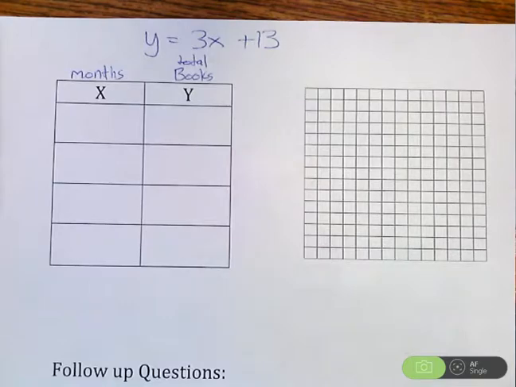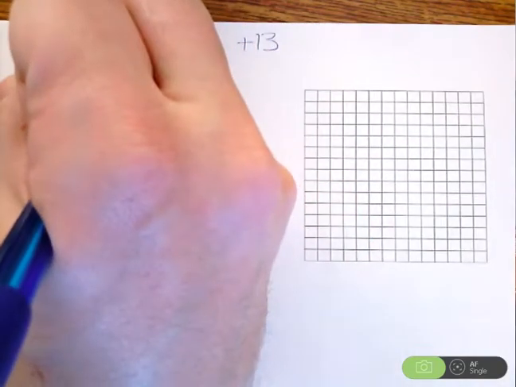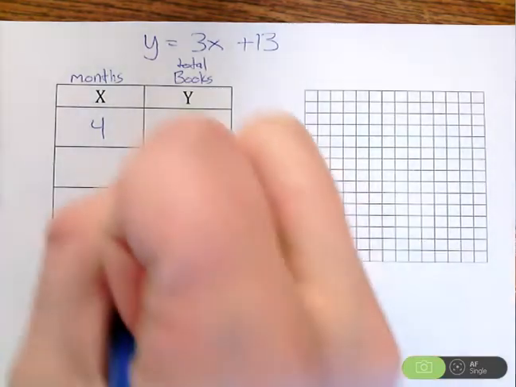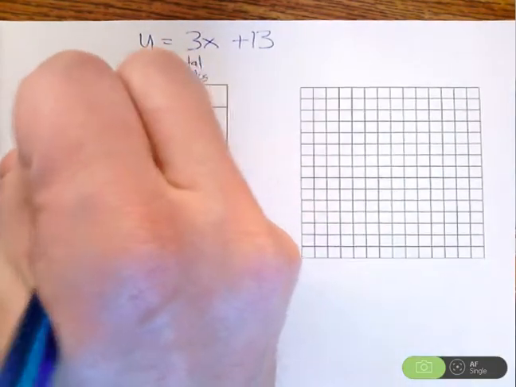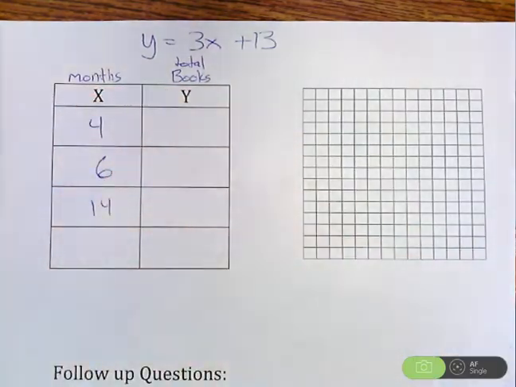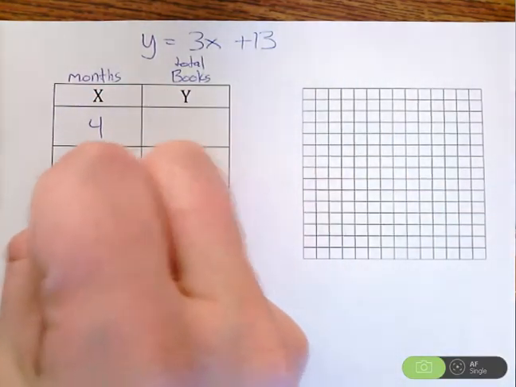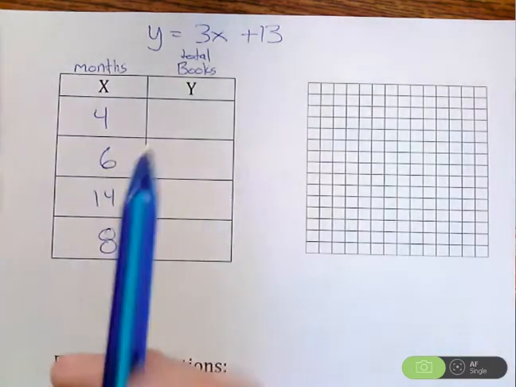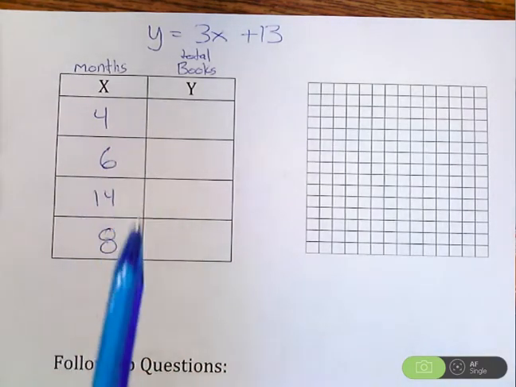So maybe I want to figure out what's happened after, let's do 4 months, maybe 6 months, and we can go even bigger, maybe 14, and somewhere in there maybe 8. It doesn't really matter, just a few months that make sense. So 4 months seems reasonable, 6, 14, and 8.